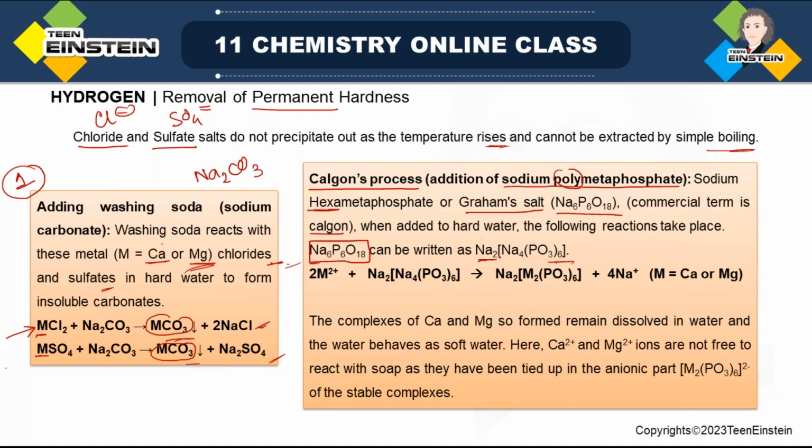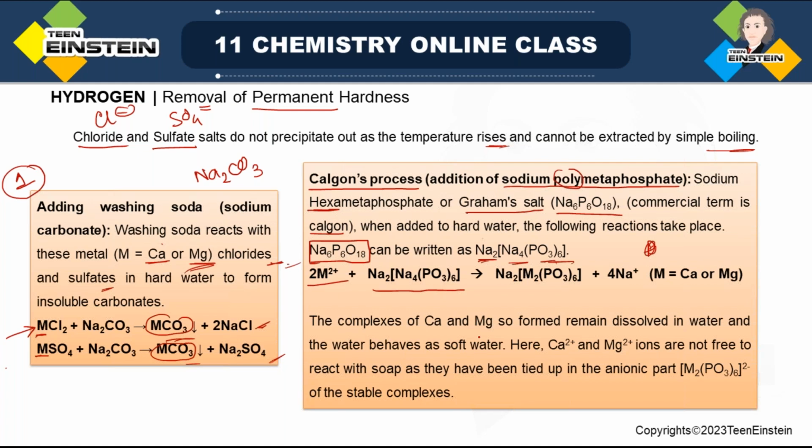So here total positive charge is 6 plus and total negative charge, PO3 minus, is total 6 negative charge. 4 negative charge is already balanced inside the coordination sphere. The rest of the 2 negative charge will be balanced by Na2. So why are we using this formula? Because with this formula you will be able to understand this equation in a better way.